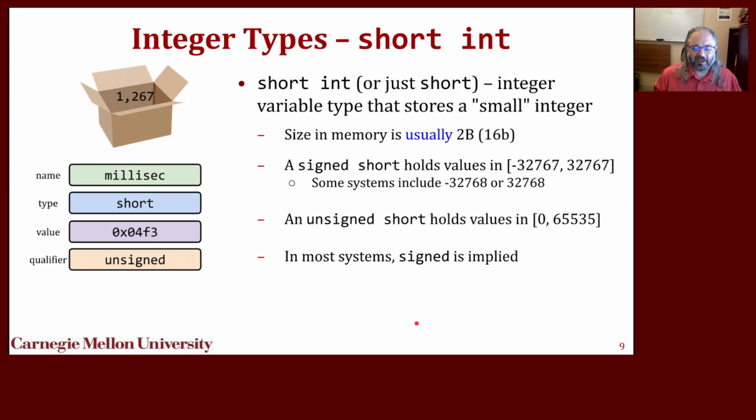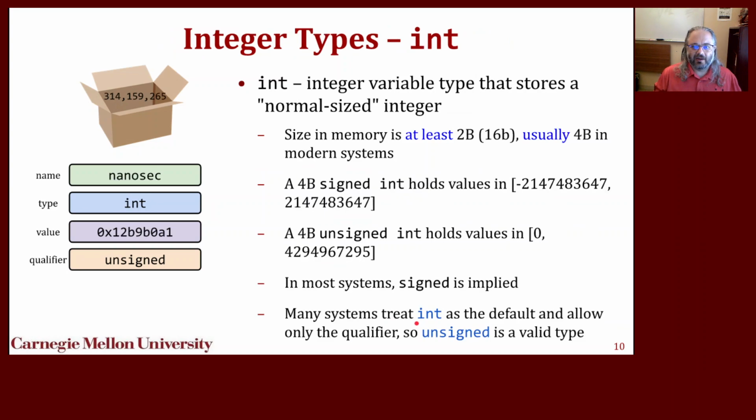The next variable type that we have in C is an int. And this is designed to be a normal-sized integer. According to the standard, a normal-sized integer is at least 2 bytes, but usually 4 bytes, which means some systems have different size integers.